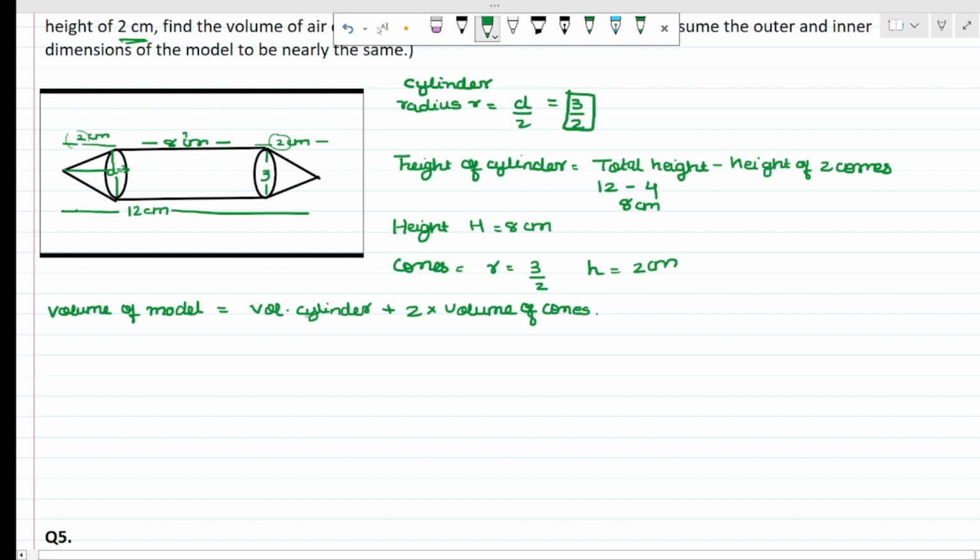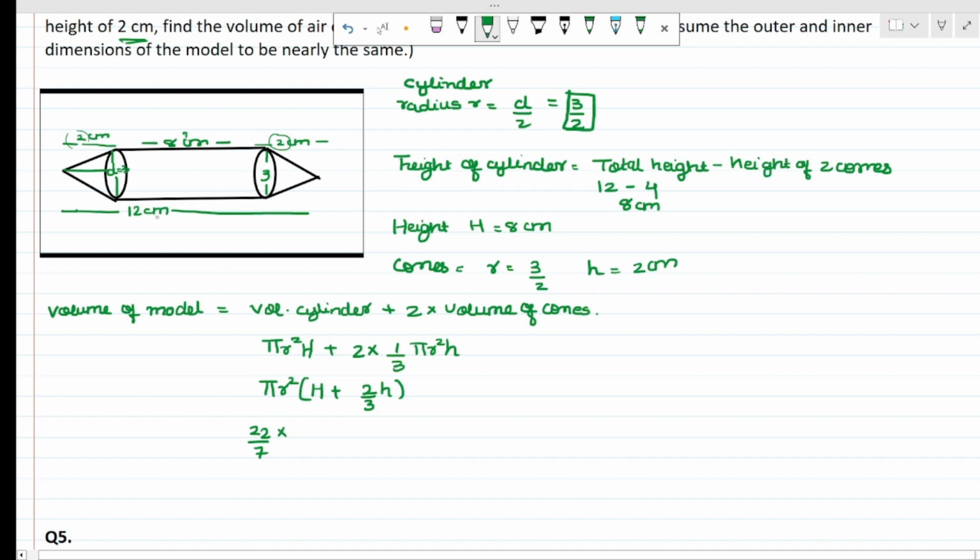The formula for the volume of a cylinder is pi r square h, plus 2 multiplied by the formula of a cone, 1 upon 3 pi r square h. Now what is common? Pi is common and r is equal, so r square is common. The h for the cylinder and the h for the cone are different, so h is not common. It will be h plus 2 upon 3 small h. What is the value of pi? It's 22 upon 7.